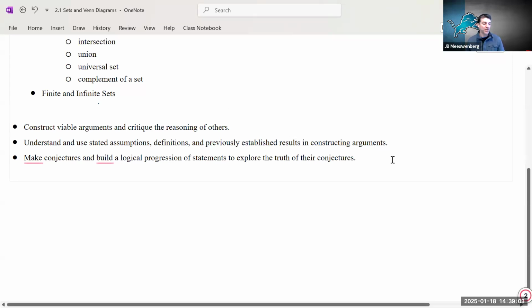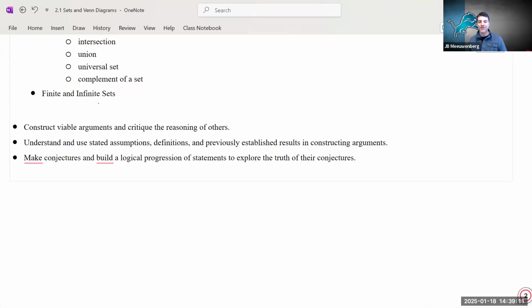And then finally, make conjectures. We've talked about that word before. And build a logical progression of statements to explore the truth about their conjectures. So really, it's all about understanding why and how we make decisions. Nowhere did any of that talk about calculations.